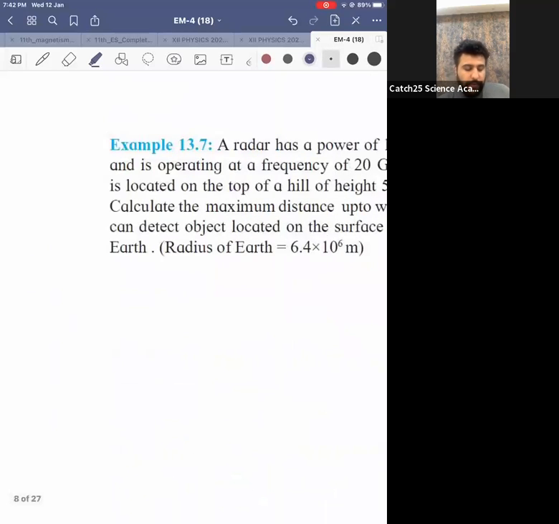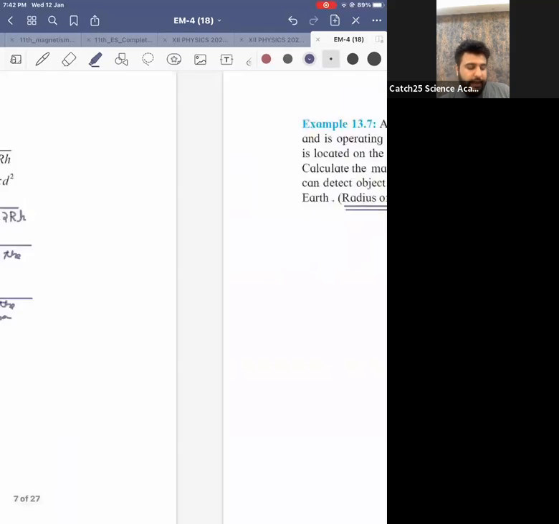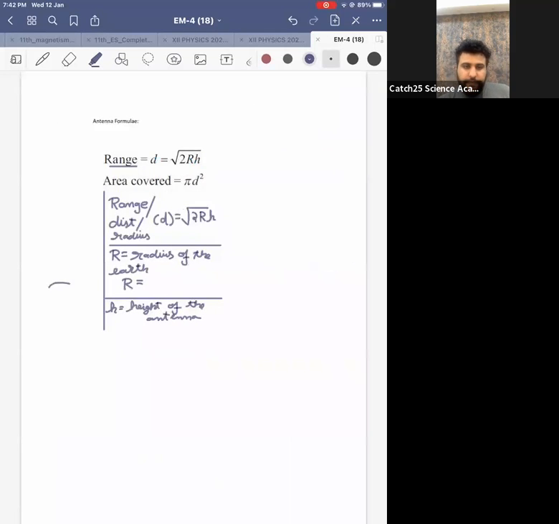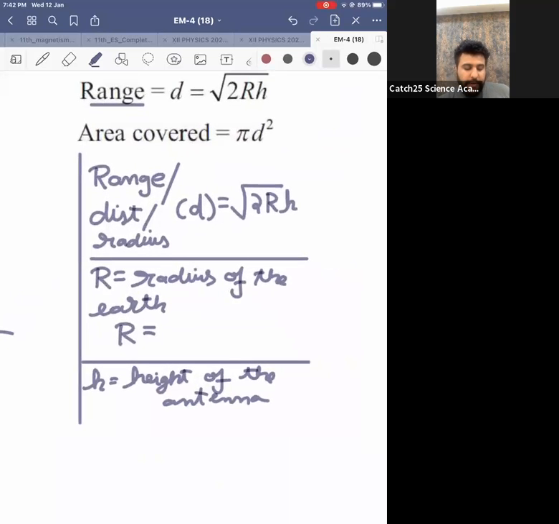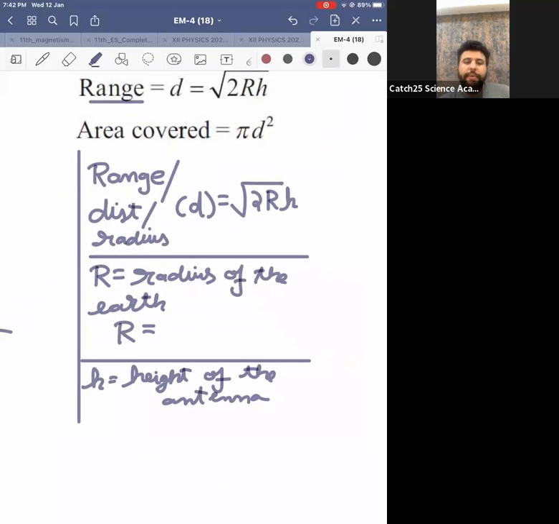In the textbook, any problem that you solve, they will give you this data, but in the exam, this data won't be given. In other words, radius of the earth, 6.4 into 10 power 6 meter, you should know it. No one is going to tell you, and if they don't give it, you cannot say the question is incomplete.